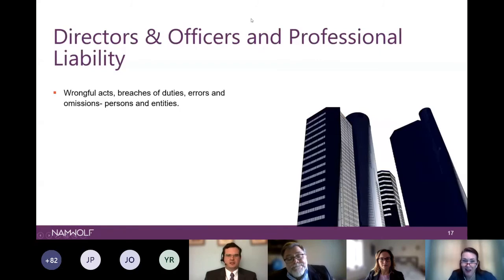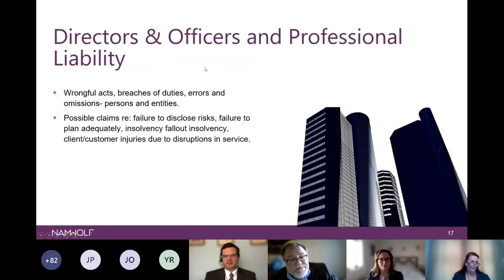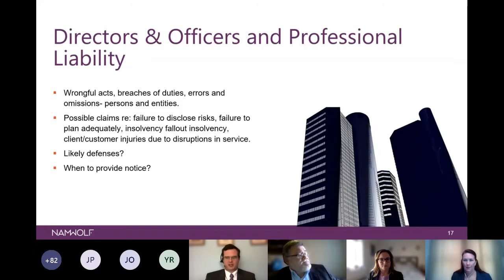And one I hadn't even thought of until our very esteemed panel mentioned it was D&O or professional liability. In the D&O area, I think there are a myriad of different claims that we could see coming out of this. One would be a securities type claim. Obviously these D&O policies are generally not standard form policies; every insurer has different forms, and for these big policies they can be specific to a particular insured.